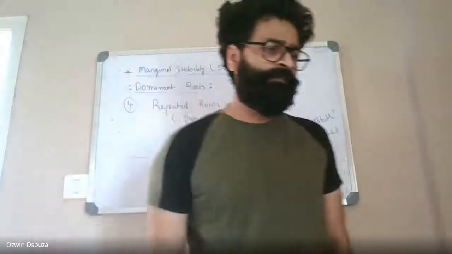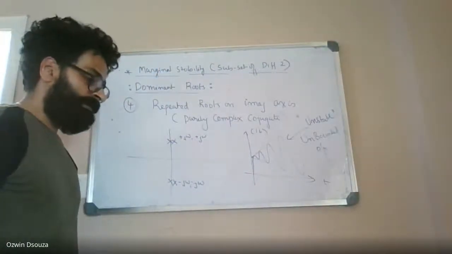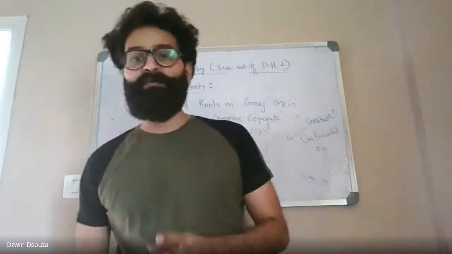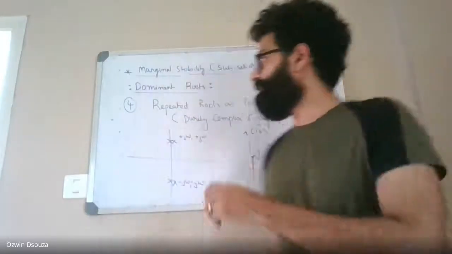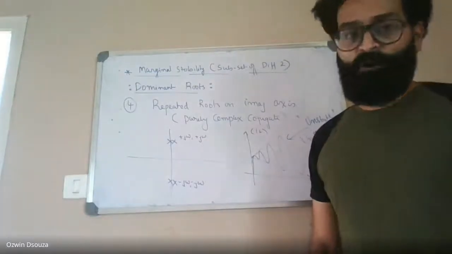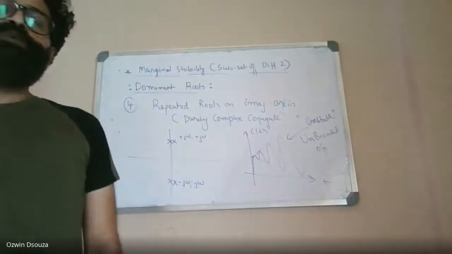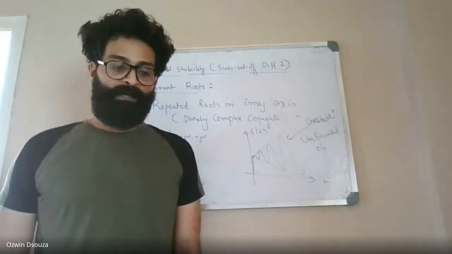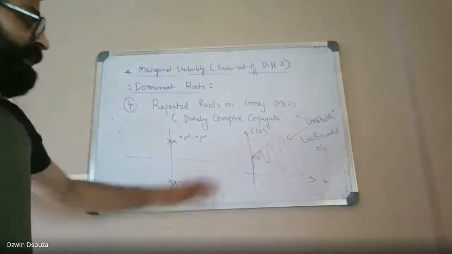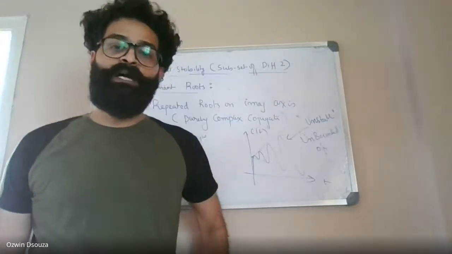So just to wrap up, what we can say is that when we encounter difficulty 2, the system stability is judged on the basis of the presence of dominant roots. So to find dominant roots, we have to solve the auxiliary equation. Once we solve the auxiliary equation, by knowing the root nature of dominant roots, one can judge system stability, as in whether the system is marginally stable or unstable.